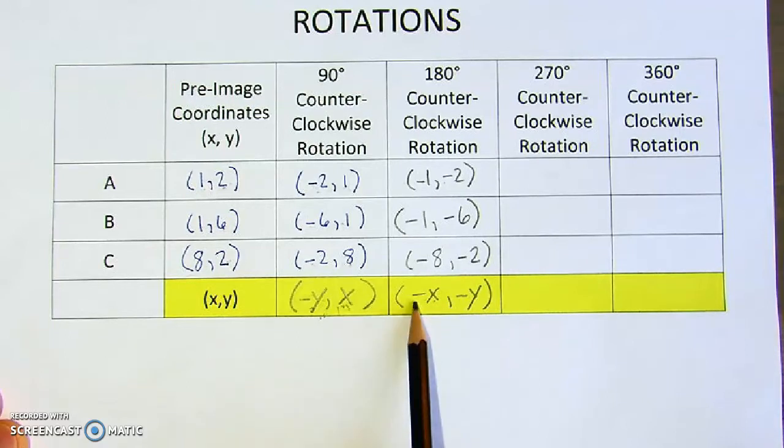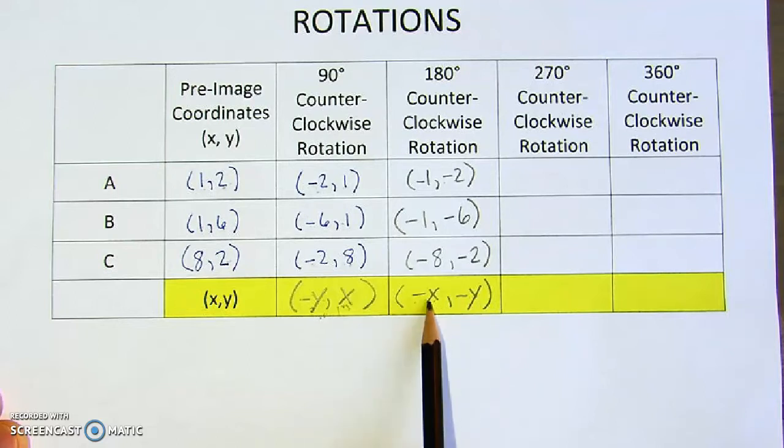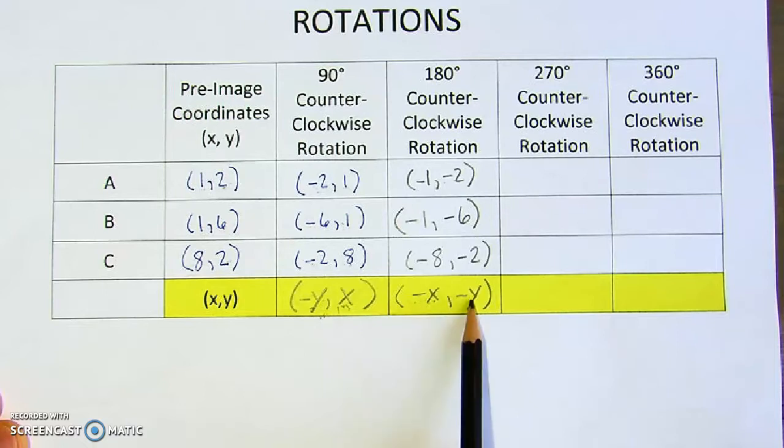So we really want to think of this not as -x, -y, but more as opposite x, opposite y. So if x is positive, make it negative. If x is negative, make it positive. Same thing over here. If y is negative, make it positive. If y is positive, make it negative.